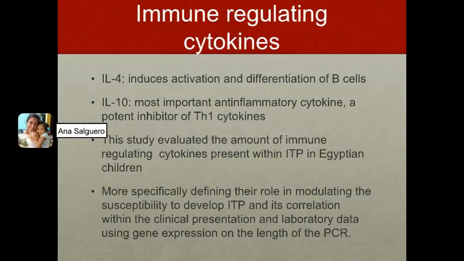The immune-regulating cytokines include IL-4 and IL-10. IL-4 induces the activation and differentiation of the B cells. IL-10 is the most important anti-inflammatory cytokine, which potently inhibits the T helper 1 cells.